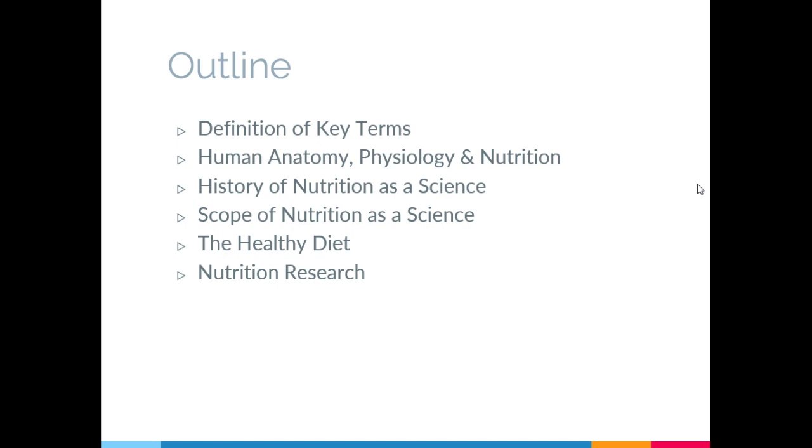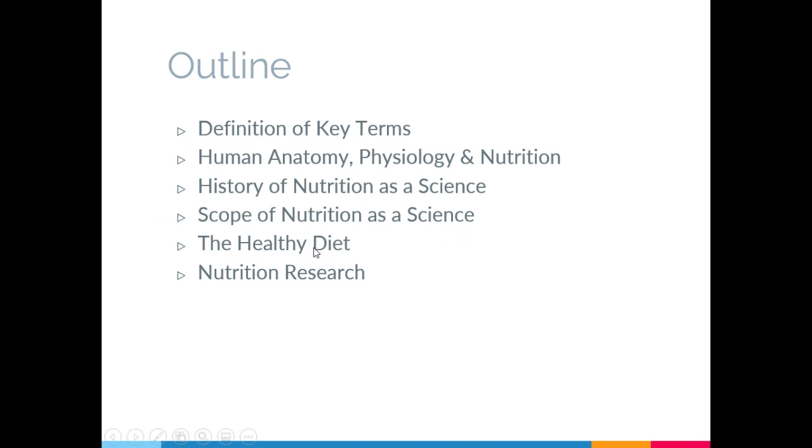So we'll start with the definition of key terms, and then just a review of your human anatomy, physiology, and its relationship with nutrition, although the two are closely related. But I would like to point out where these two meet. And of course, the history of nutrition as a science, scope of nutrition as a science, the healthy diet.